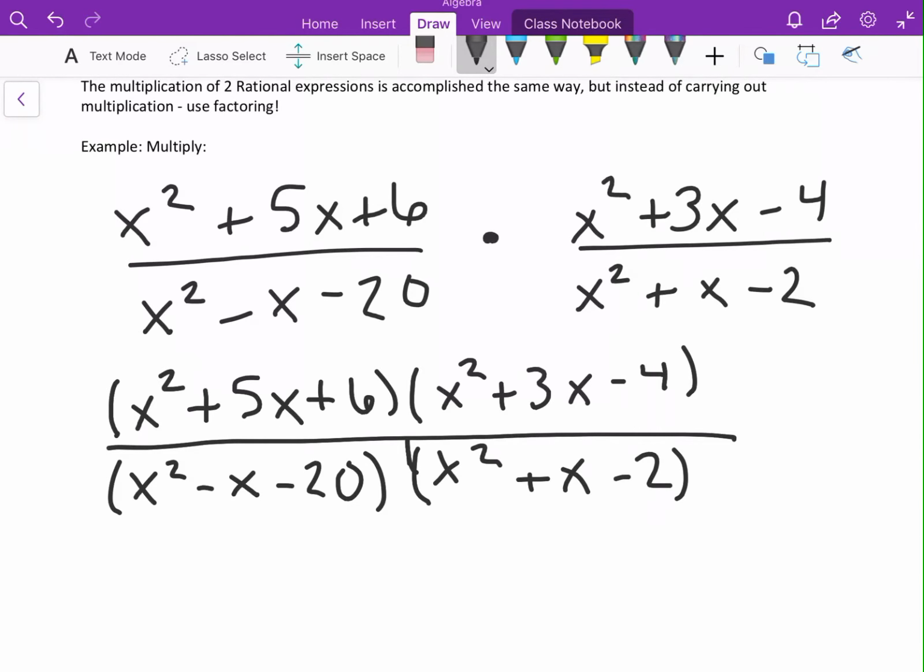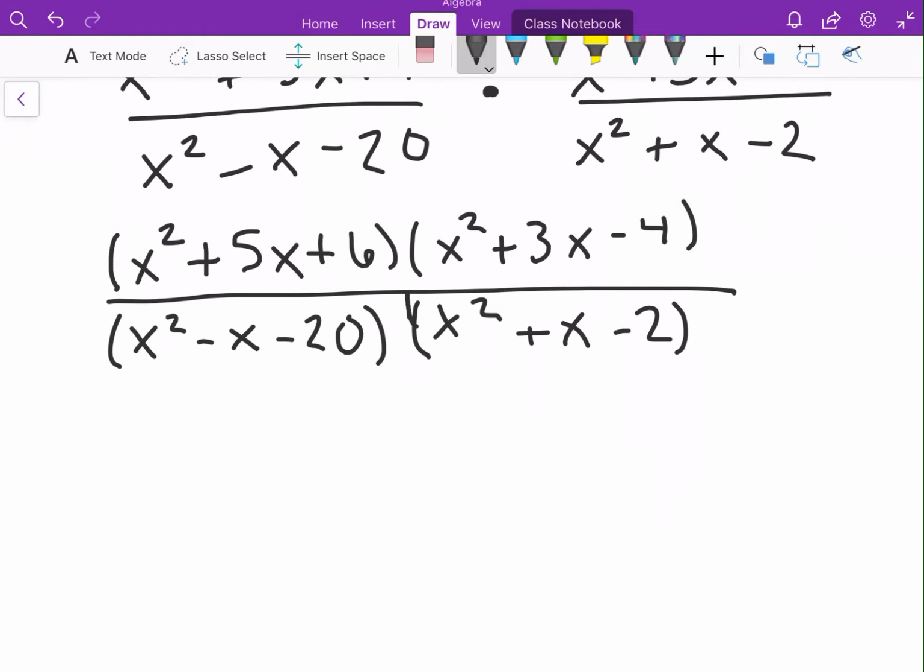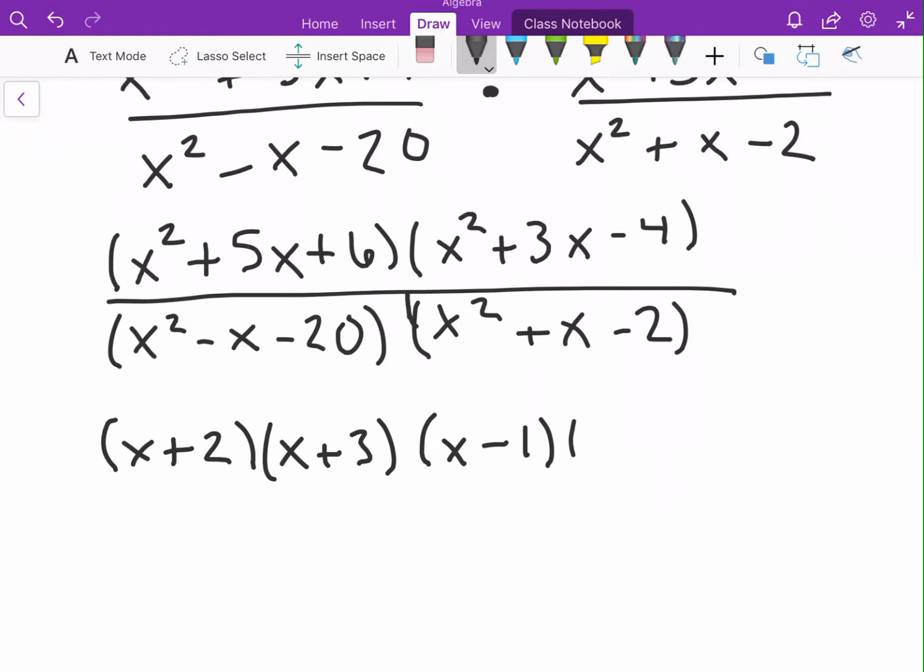Now, the next step is to factor each of these polynomials. So, we're going to then factor x squared plus 5x plus 6. That factors into x plus 2 times x plus 3. We then are going to factor x squared plus 3x minus 4. That factors into x minus 1 times x plus 4.